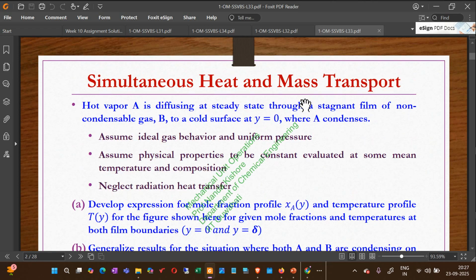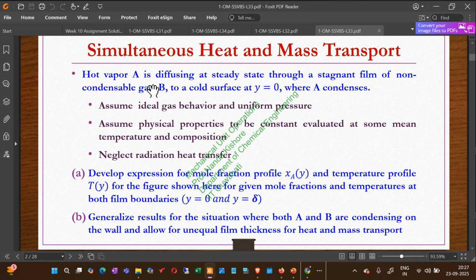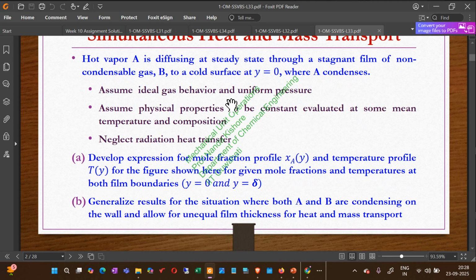In that we had simultaneous heat and mass transfer, where the hot vapor is diffusing in the steady state through a permeable film B on the cold surface, right? Ideal gas behavior is assumed, physical properties are constant, evaluated at mean temperature, and neglect radiation. And here you had these things.